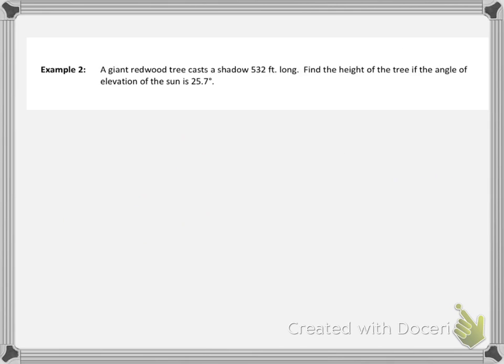So let's practice 3 problems here so that you can then practice on your own. So example 2, here's our first application problem. A giant redwood tree casts a shadow of 532 feet long. Find the height of the tree if the angle of elevation of the sun is 25.7 degrees. So here you can just use a little bit of your creativity to come up with an image.